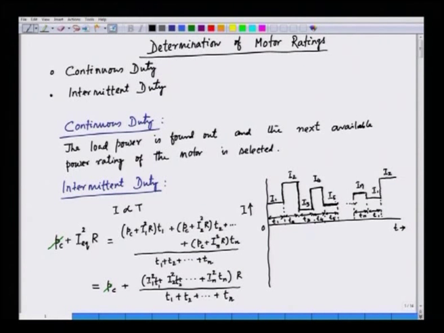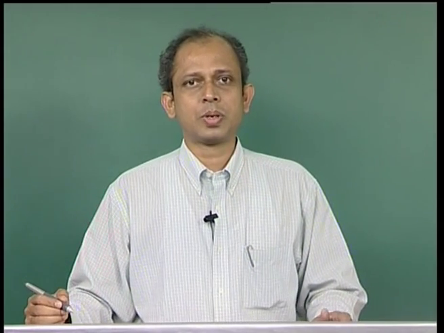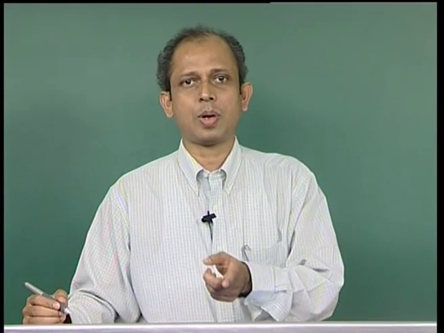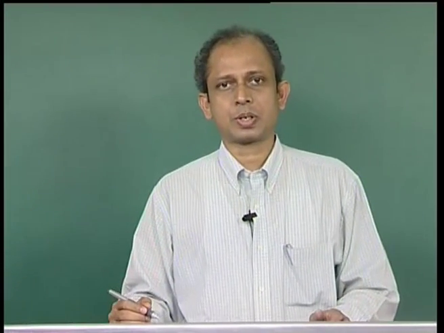So these variations are not continuous. Sometimes we have a continuous current variation, so how do we find this? For the discrete current variation, we find the sums I1 square T1 plus I2 square T2 and so on. If the current variation is continuous, instead of a summation, what we require is an integral.